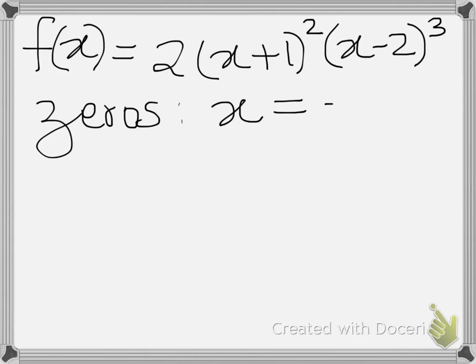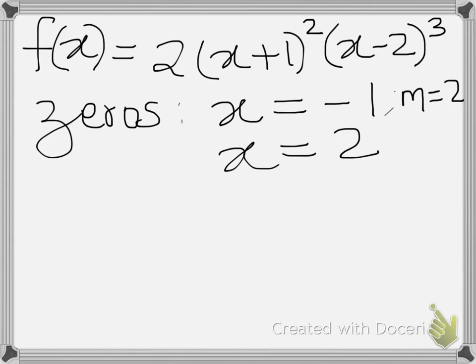So we get x equal to negative 1 and we get x equal to 2. Now x equal to negative 1 will occur twice because we have x plus 1 whole squared. So the multiplicity here is 2. And for x equal to 2, we have x minus 2 whole cube. So the multiplicity here is 3.